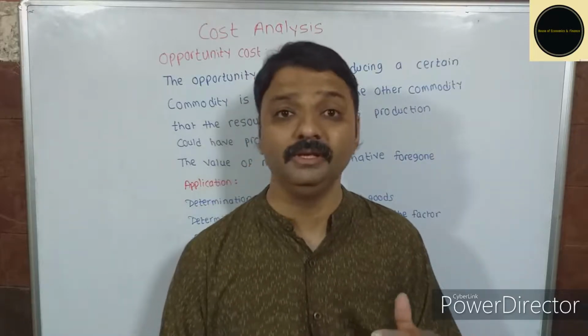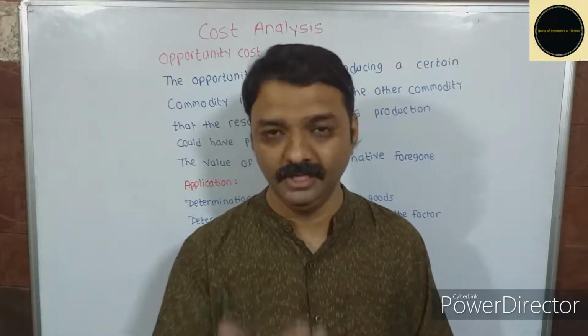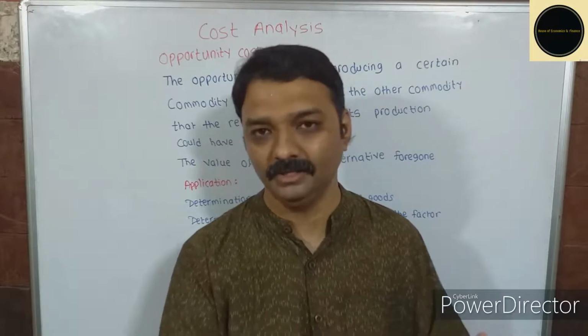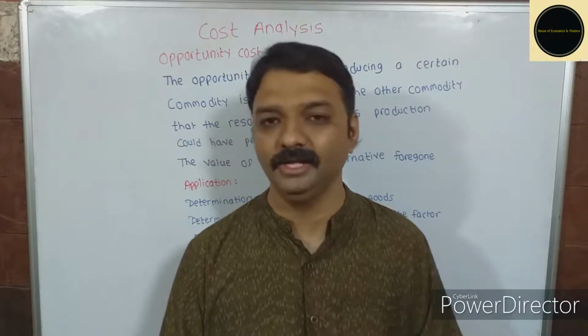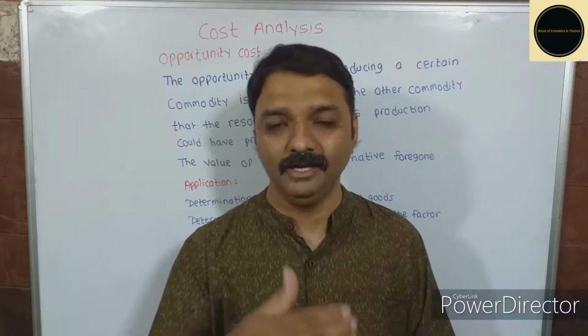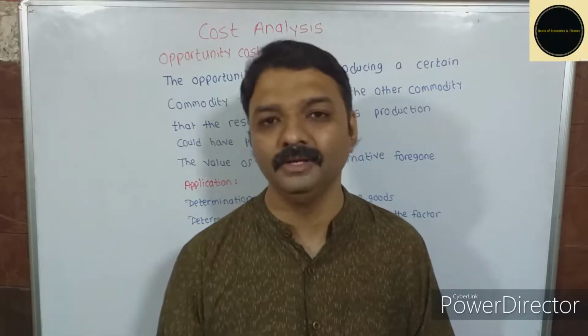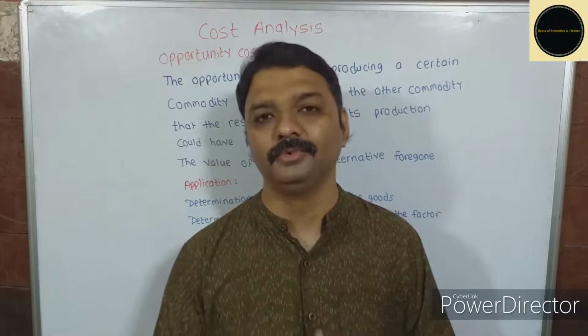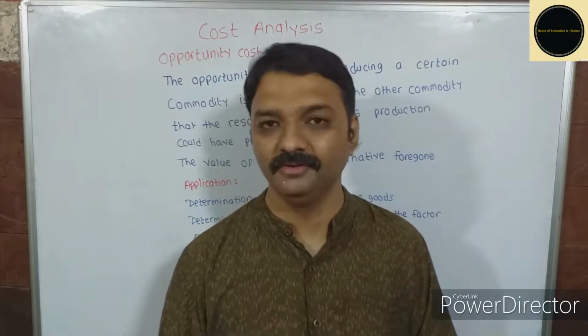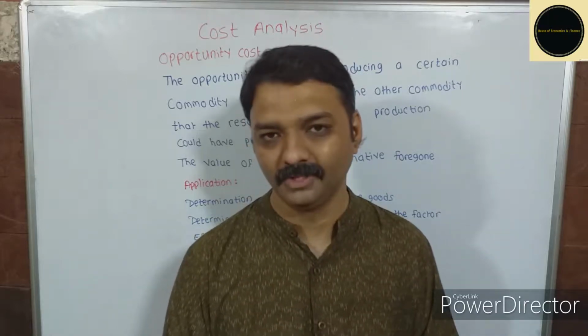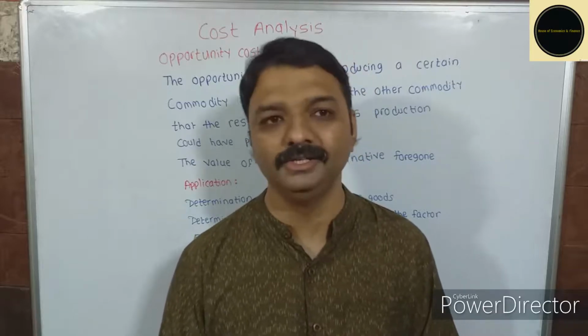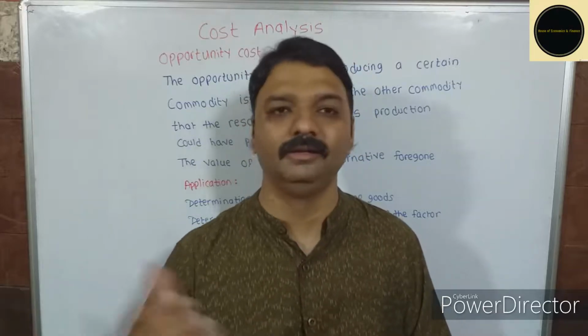Here you can see that the factor, that is the labor supplied by that person, its value is getting determined, his salary basically, and efficient use of resources is also involved, because the person with higher knowledge here will get higher income.